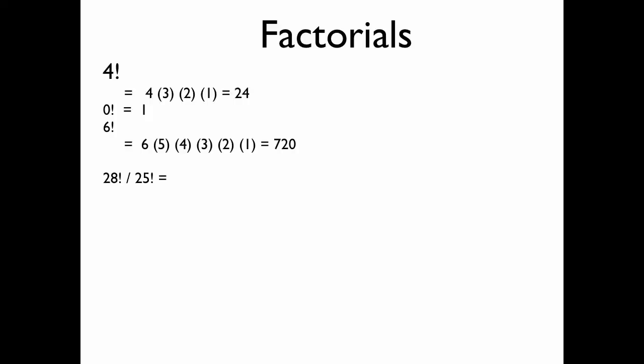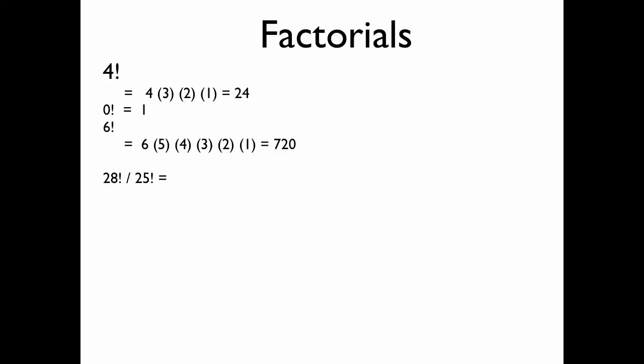Now, when you represent 28 factorial, you don't want to write all 28 values. So you can just get it started, and you can then write dot, dot, dot, and then how will it end? So with a 28 times 27 times 26, etc., dot, dot, dot, and then how will it end? What are the last 3 values we'll multiply? 3 times 2 times 1.